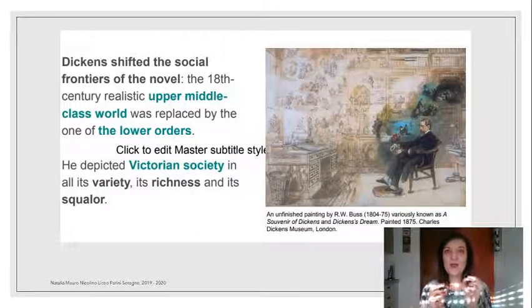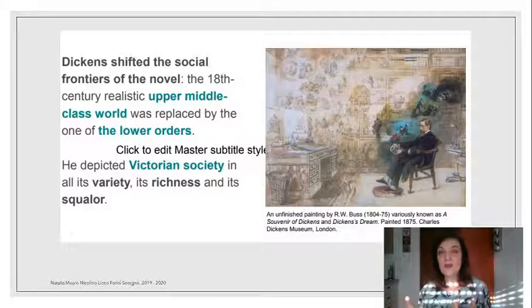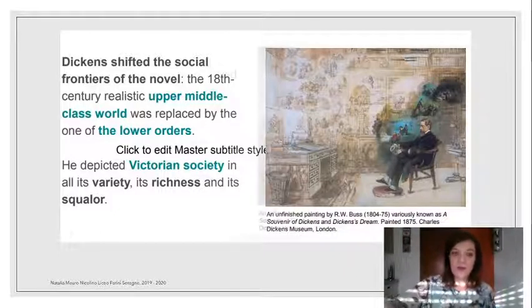So he depicted Victorian society in all its variety, in all its richness, but also in all of its squalor, poverty.